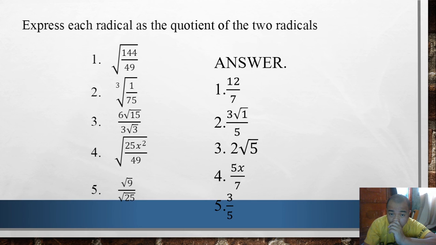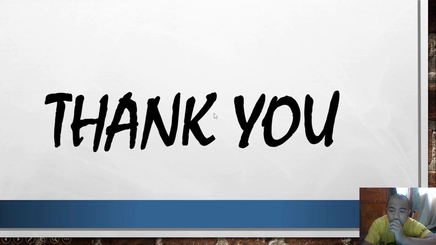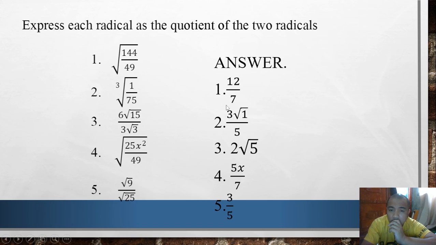Since it's 75 and a cube root, we'll leave the answer blank here. For your assignment, we will discuss this next time, in our next lesson. So, cube root of 1 over 75. Screenshot this part and then try to solve number 2, because the answer seems wrong.